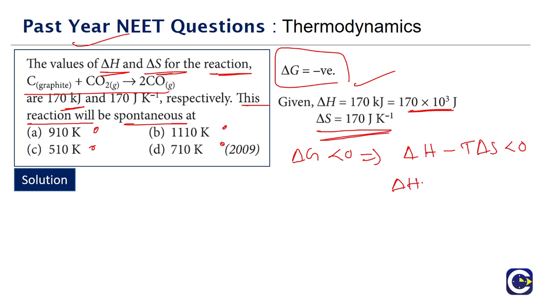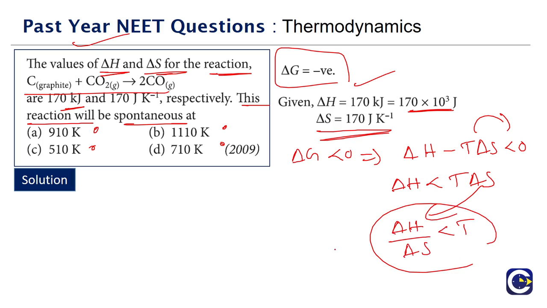Taking minus T del S to the right side, it becomes plus. Then we bring delta S to the left side, into the denominator. So del H divided by del S should be less than T, that is, T should be more than del H by del S.